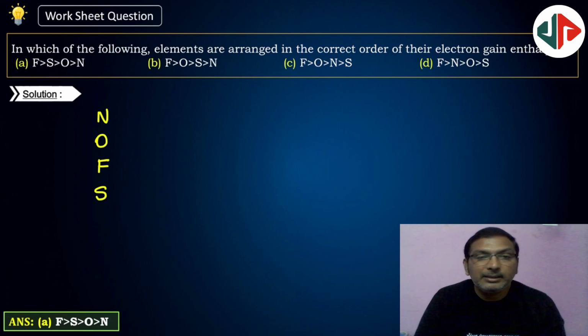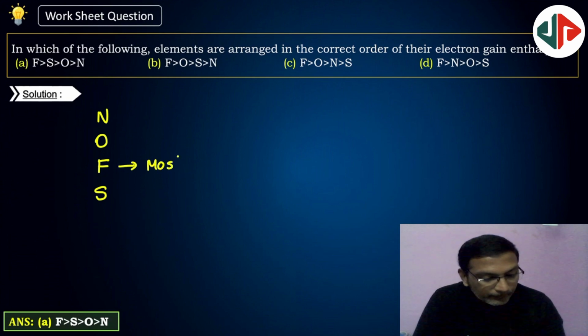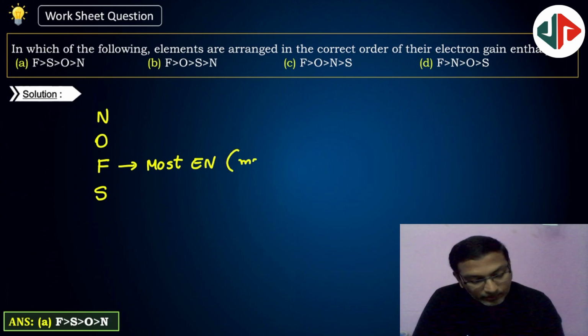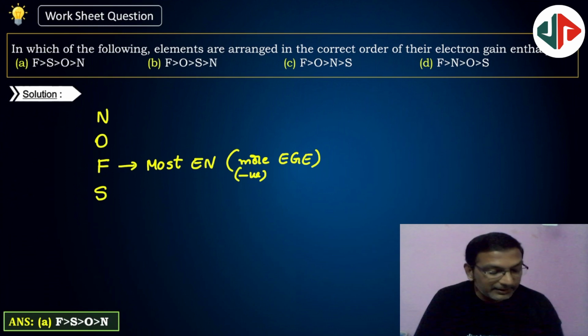So fluorine is most electronegative. Most electronegative means it will have more electron gain enthalpy, that is, a more negative value of electron gain enthalpy.